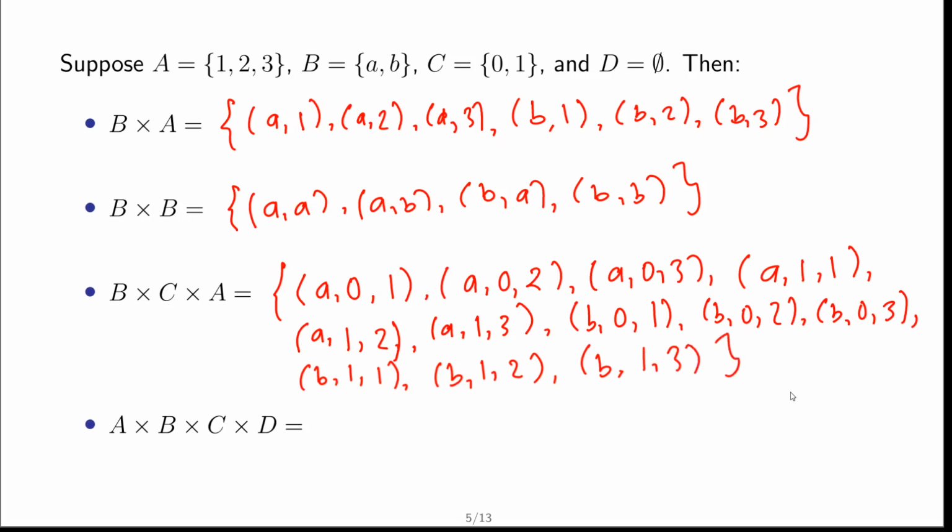So you have 2 times 2 times 3, which is 12. So you have 12 triples.